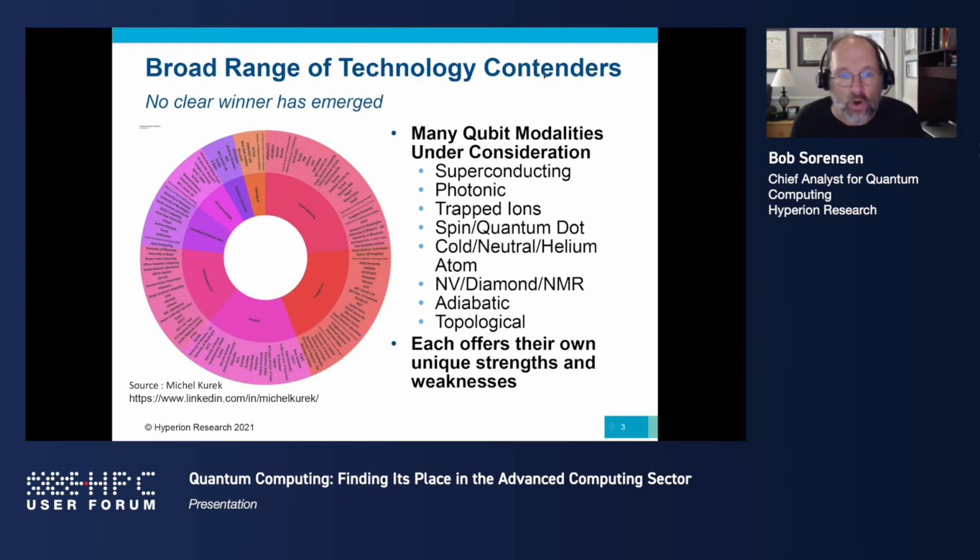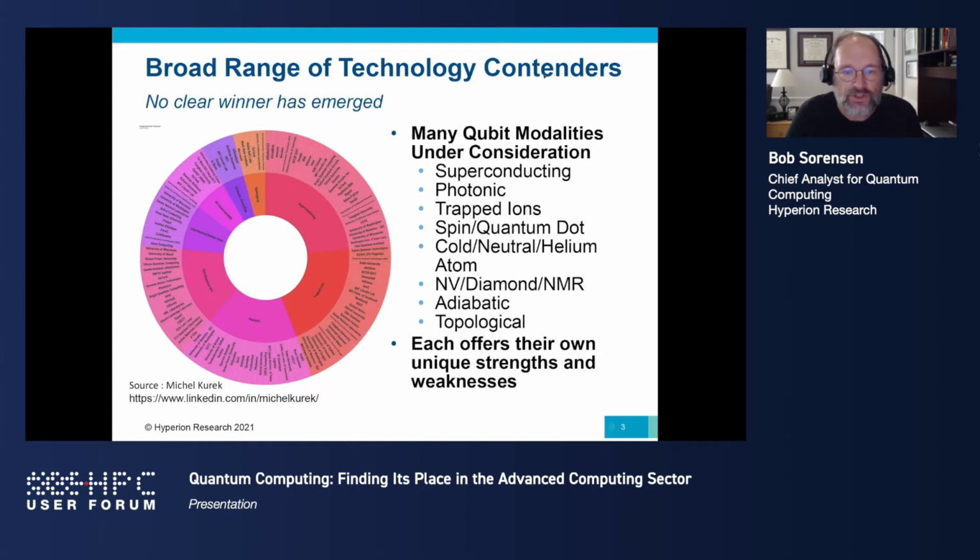Right now there's a whole bunch of different considerations being looked at today: superconducting qubits, photonic, trapped ions, spin quantum dots, NV centers in diamonds, topological, adiabatic. This horrible eye chart on the left, the inner red circles gives you the different modalities, and the outer circumference of the circle gives you all the organizations right now that are researching those different modalities.